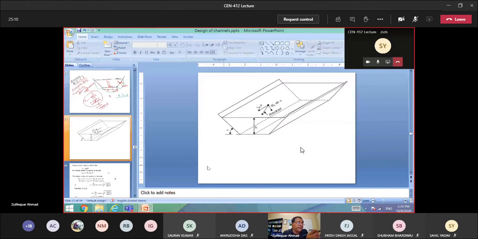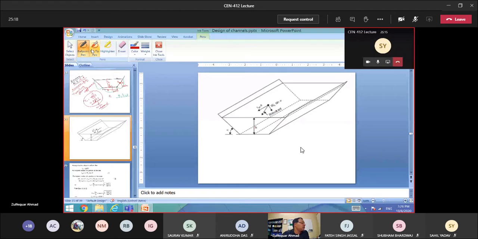Now see here, this is the direction of the flow, and you have the sediment particle here.